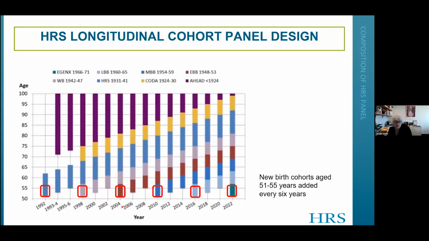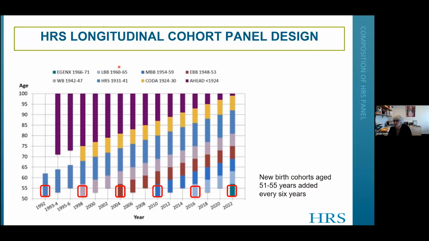But in addition, from this design, because new birth cohorts are added every 6 years, some people want to look at the early 50s in 1992 versus what a new cohort looked like in 98 versus 2004, when the early baby boomers, that's EBB, first came in, 2010, when the mid-baby boomers joined, in 2016, when the late baby boomers, and by then we've got all the baby boomers.